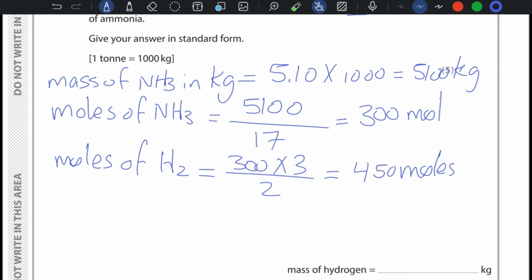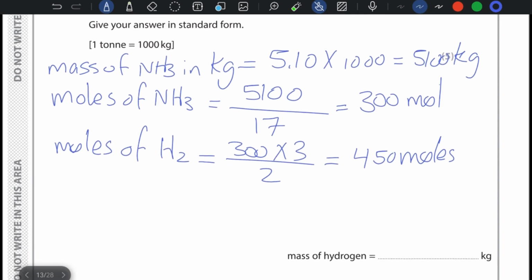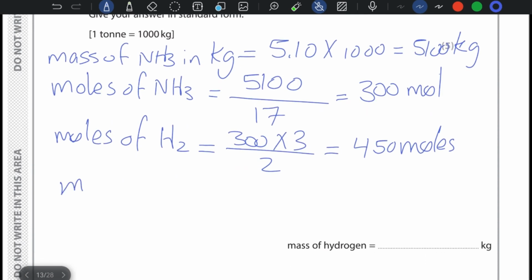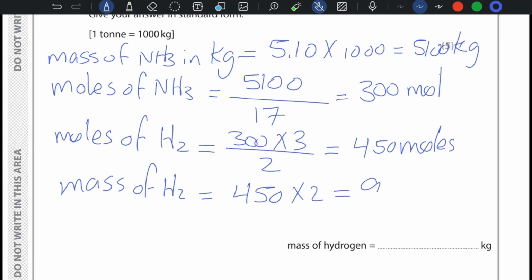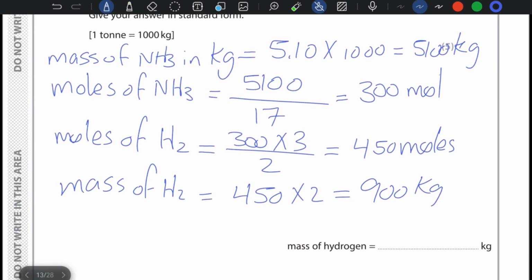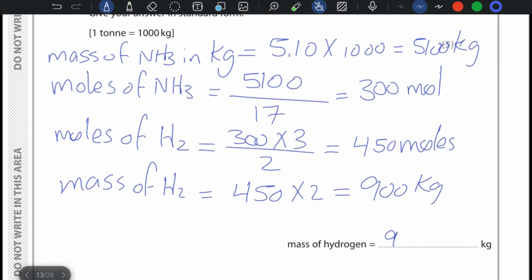Now he asks to calculate the mass in kilogram of hydrogen. Mass of hydrogen is equal to 450 multiplied by 2 equals 900 kilogram. He wanted it written in standard form, so we will write it as 9.0 times 10 to the power 2 kilogram.